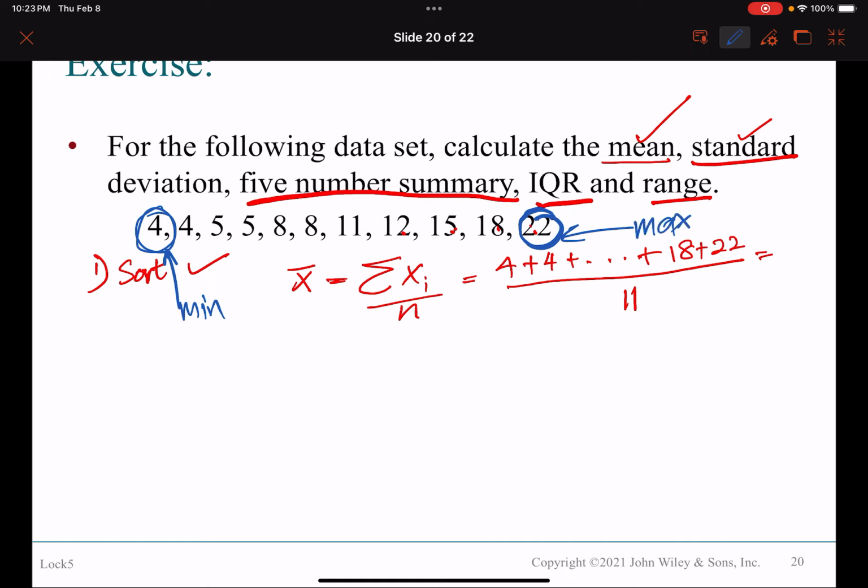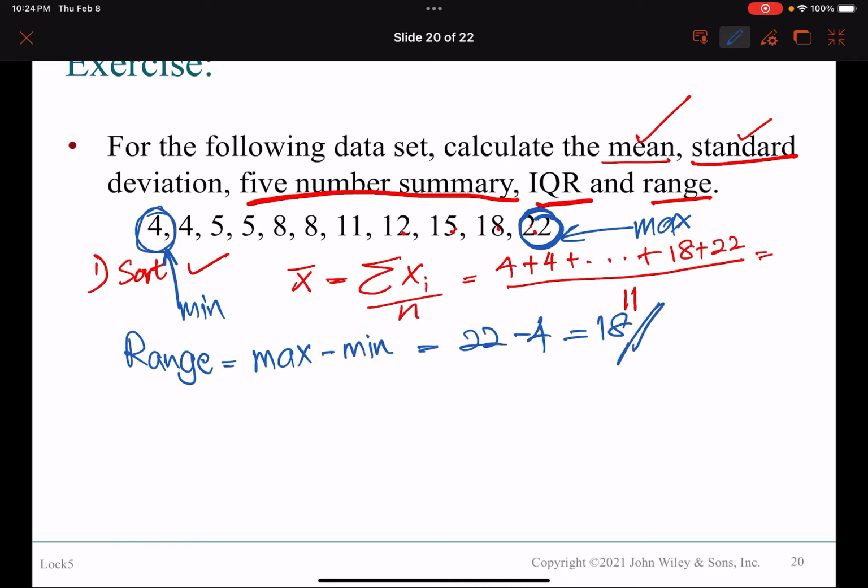In order to find the minimum and maximum, you have to sort the data. Then you can find the range. Range equals maximum minus minimum. This is 22 minus 4, which is 18.